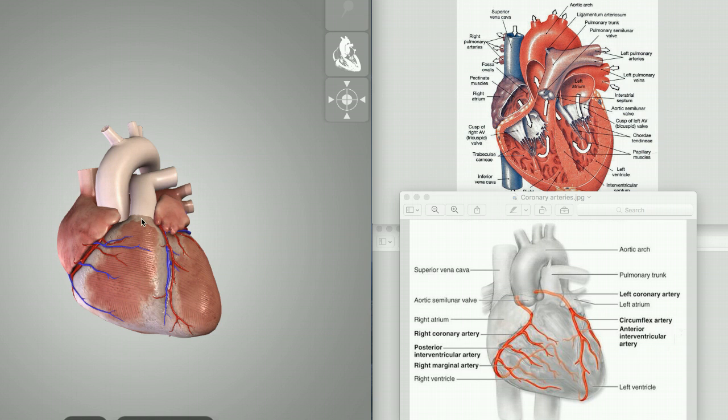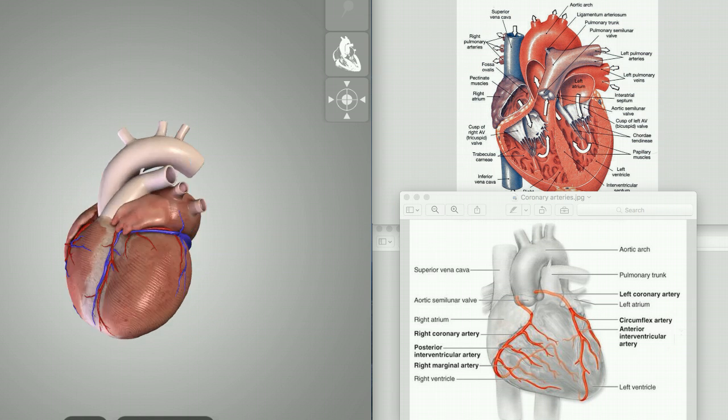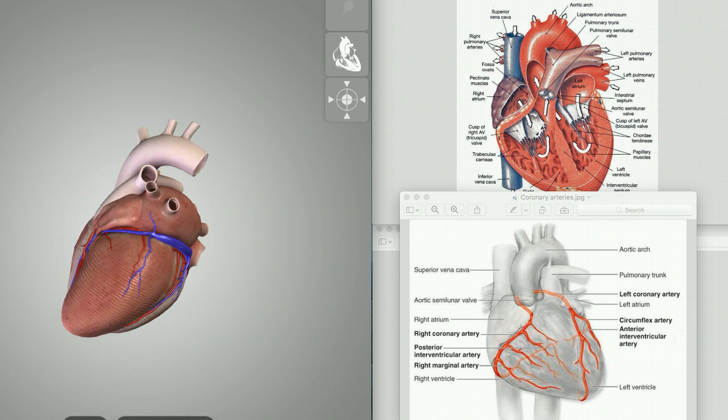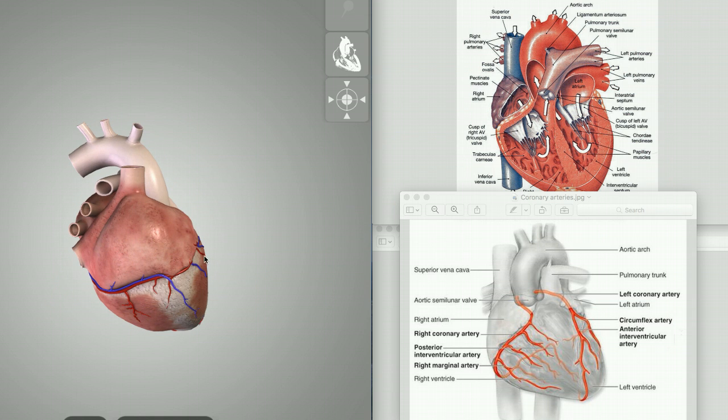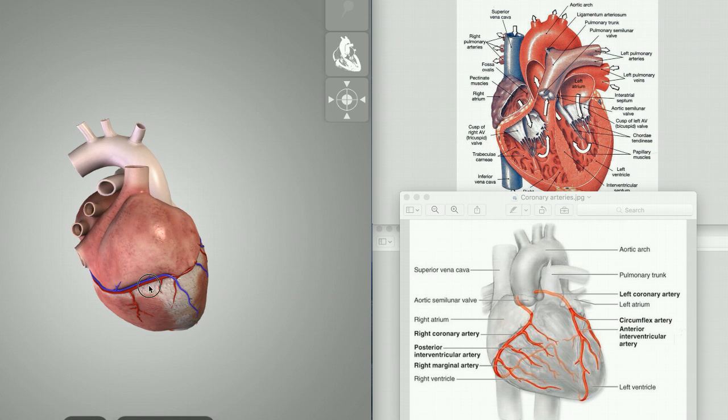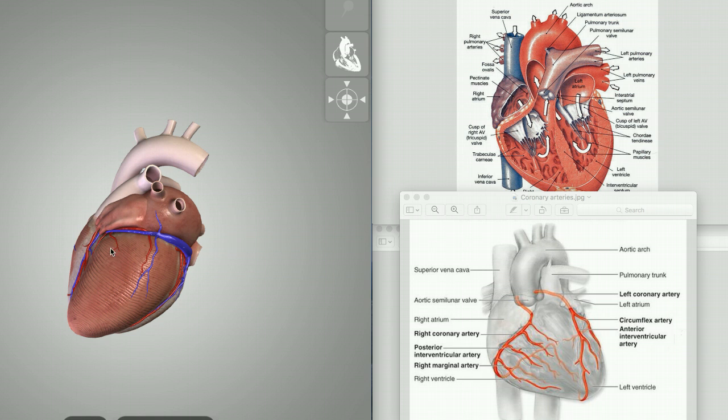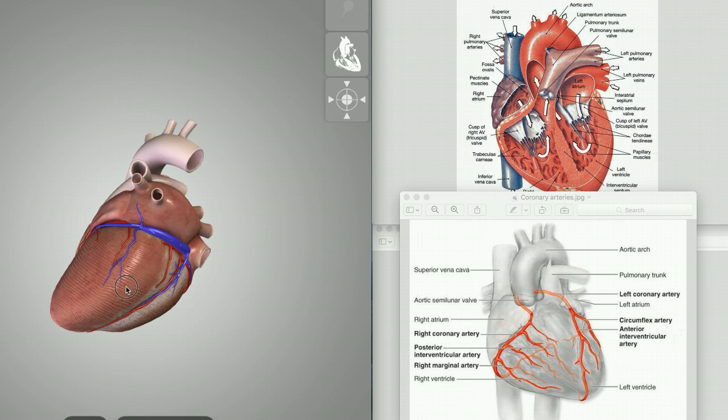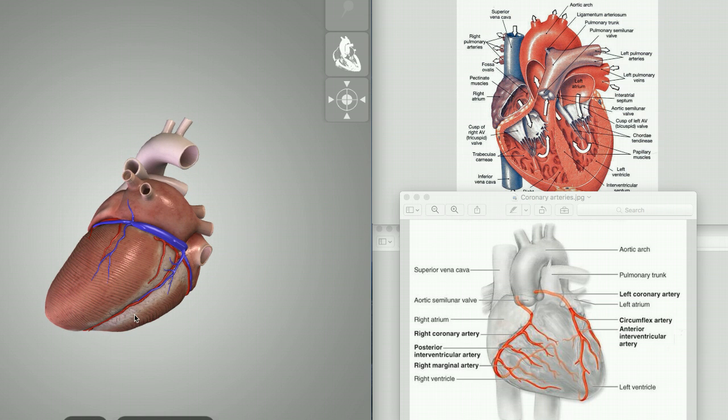Now, we have another one which comes across the side of the right atrium, which is known as the right coronary artery, and that splits into various different branches, but the main two branches that you want to be aware of are these: it comes around the back and splits into a right marginal artery, and then it goes right around the back where it splits into the posterior interventricular artery, this bit here where the mouse is pointing, just above the blue veins.